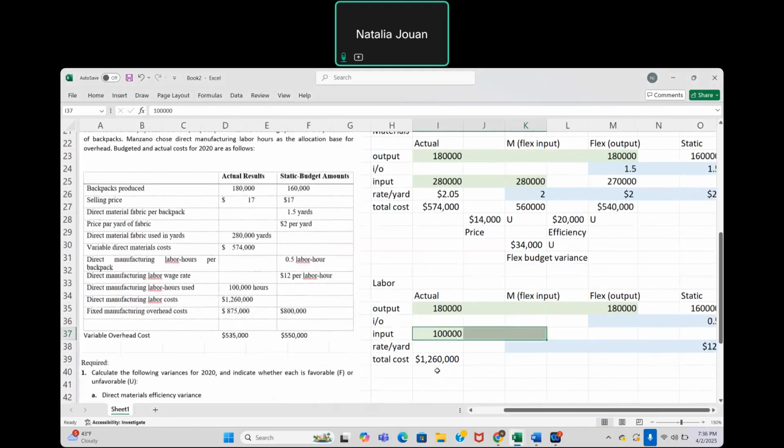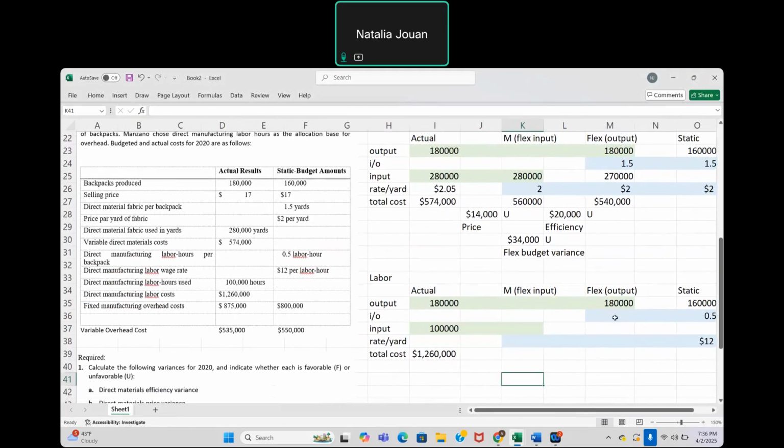This is how we're going to move the numbers inwards. Once we have the actual, we have the static, we start moving the numbers in. We're going to have 100,000 hours times 12. All right, we have everything we need. So let's get the number of hours allowed for production of 180 backpacks, 90,000 hours, which will cost us 1,080,000.